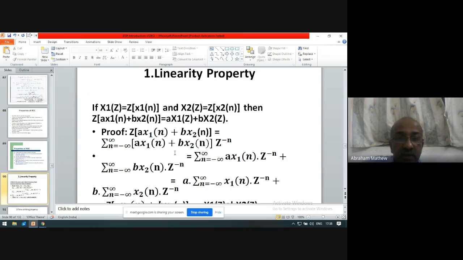Again, we can have the properties of Z transform. There are various properties for Z transform, such as linearity property, a very important property.